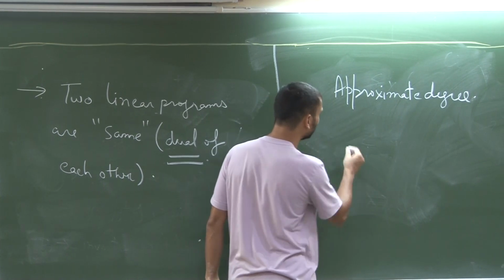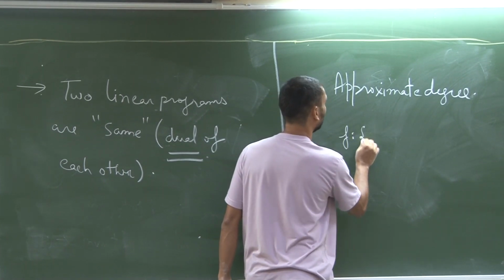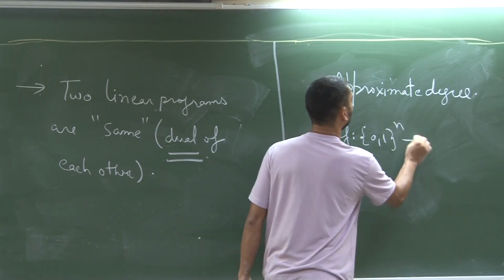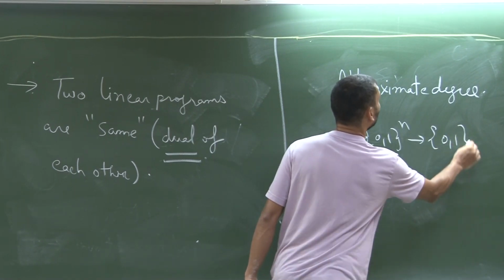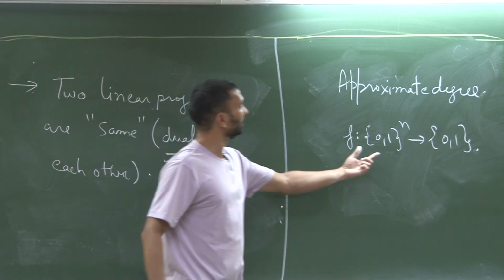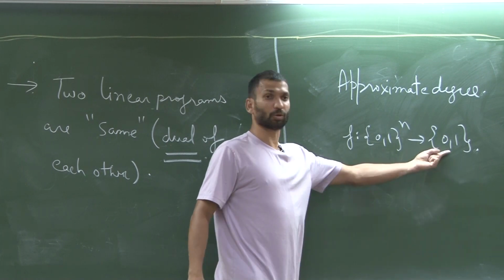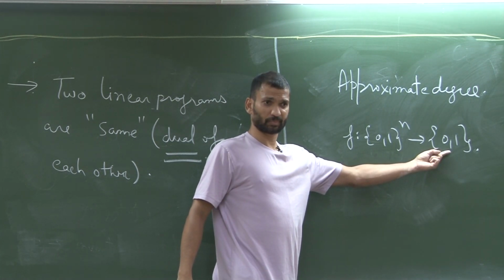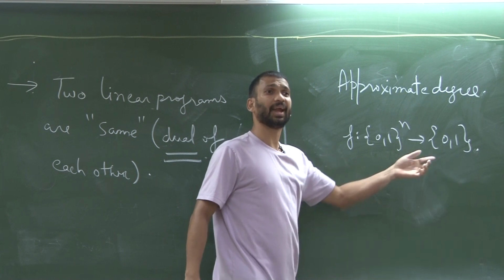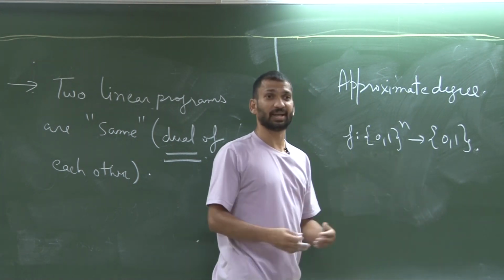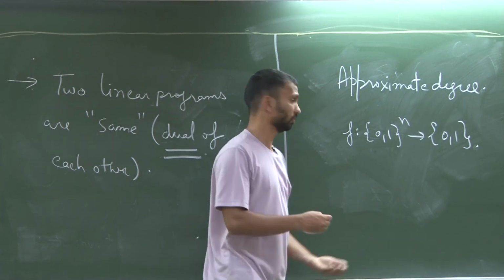Suppose you are given a Boolean function, that means it takes an n-bit string and outputs a bit. Okay, and now you want to write it as a polynomial. What does it mean?